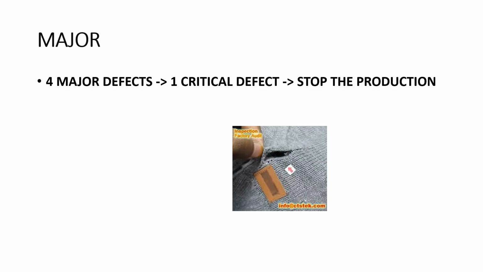How many major defects are allowed is determined by the AQL level that has been fixed for that particular lot. But normally 4 major defects is equivalent to a critical defect, and in that sequence we have to stop the production in order to maintain the quality of the product.